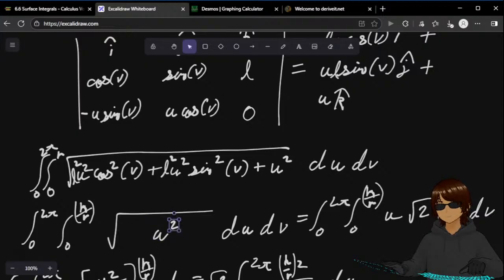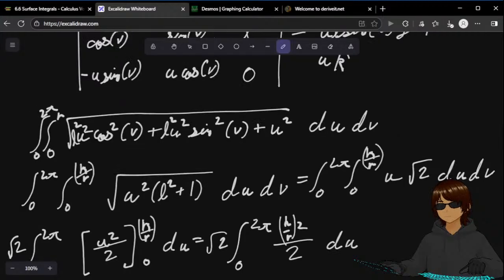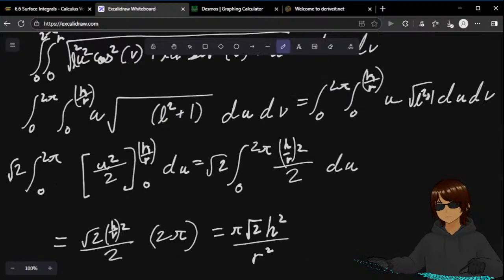Then we are left with U square times L square plus 1.